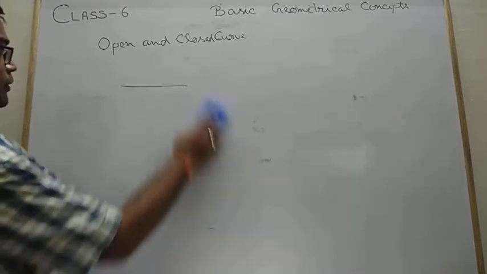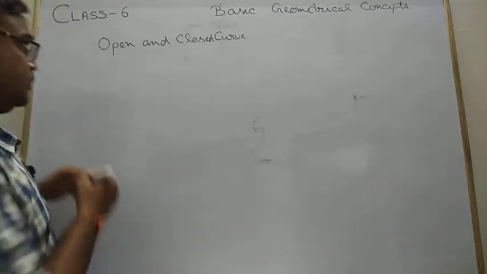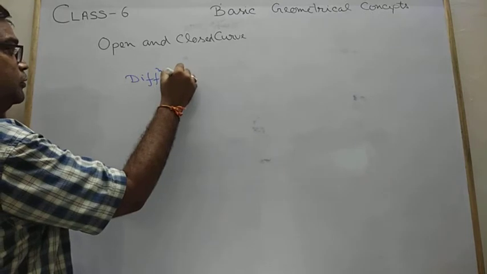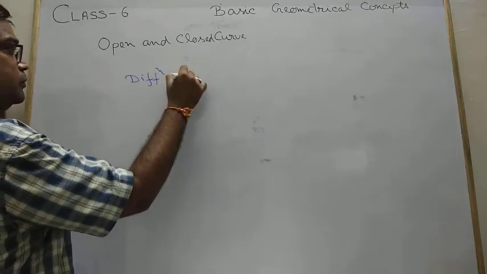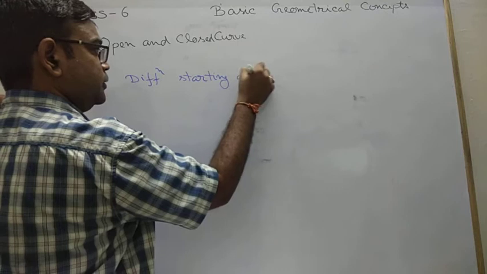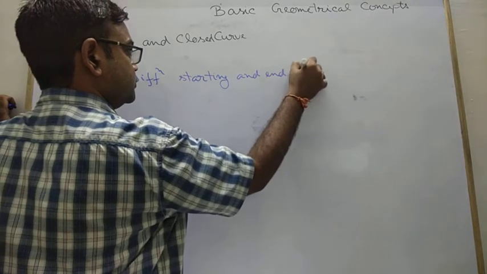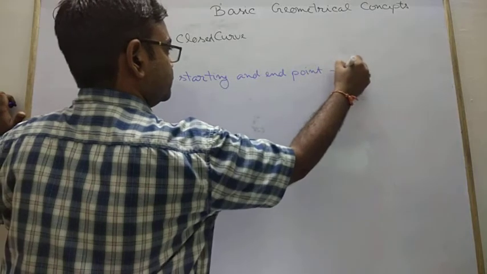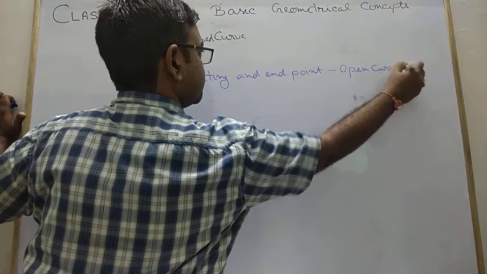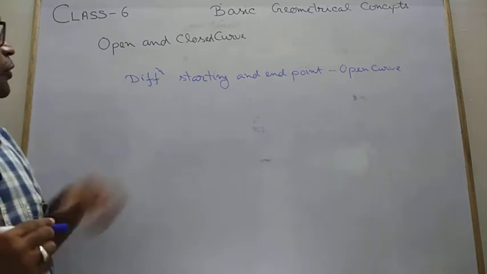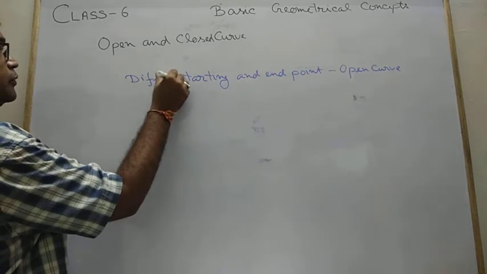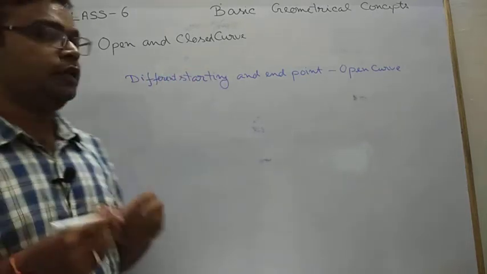And any geometrical figure having a different starting point and end point is known as your open curve. Different, not difference, different.